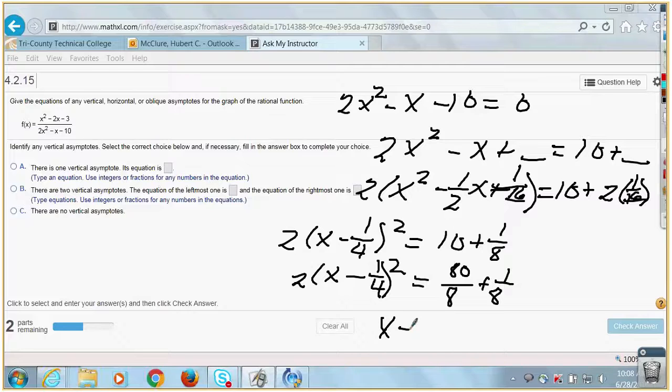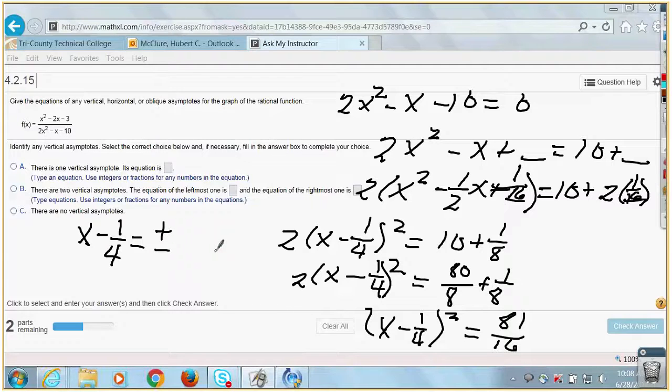So x minus 1/4 quantity squared is equal to 81/16. If you take the square root of both sides, you're going to get x minus 1/4 is equal to positive or negative 9 over 4.